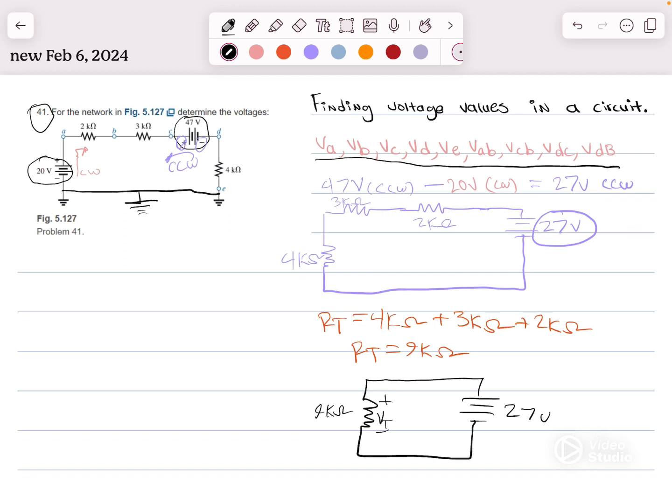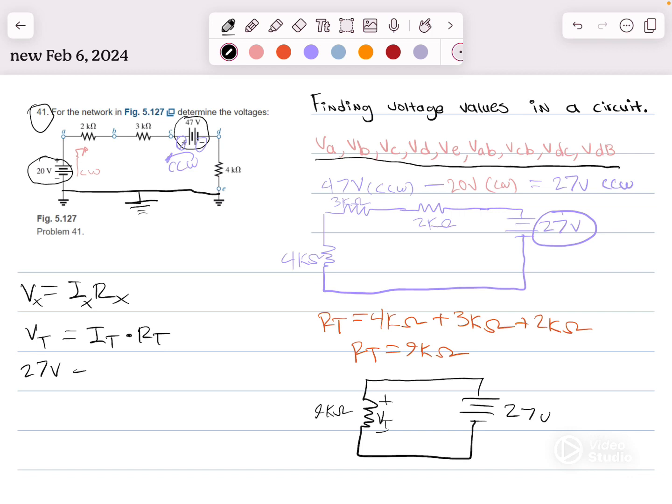Okay. So here, now I'm thinking to myself, I can use Ohm's law. V equals IR. And I want all of my expressions in my Ohm's law to match up with each other. So here is going to be V total, which is 27 volts, equal to my I total times my R total.